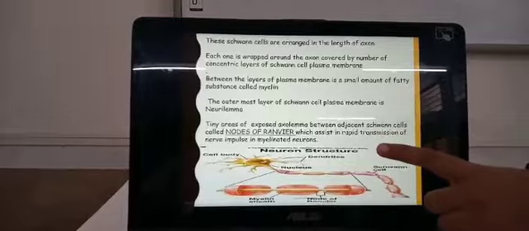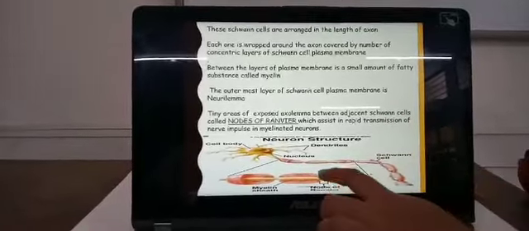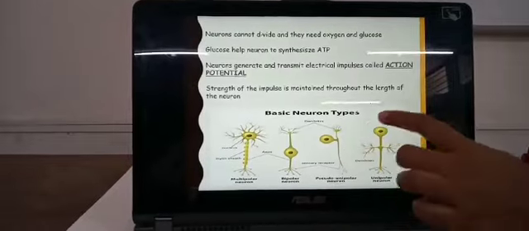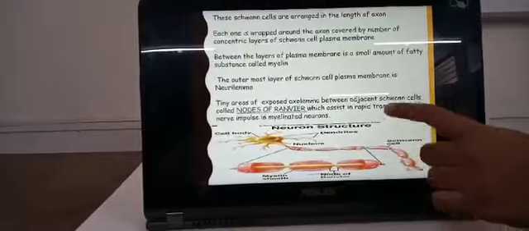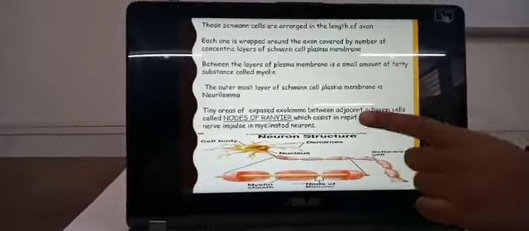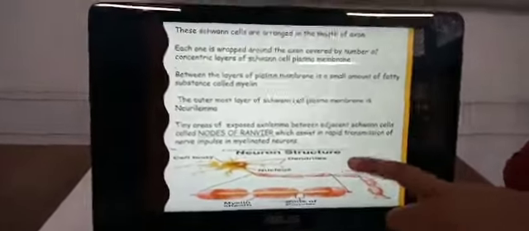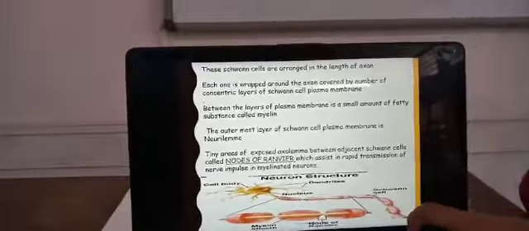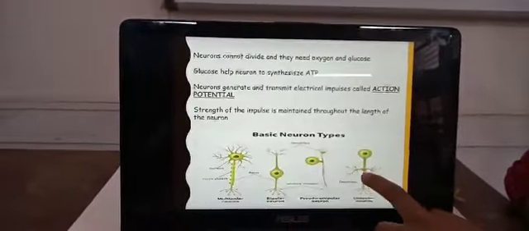Tiny areas of exposed axolemma between adjacent Schwann cells are called nodes of Ranvier. This is what we learned. And here the outermost layer is called the neurilemma. Tiny areas of exposed axolemma between adjacent Schwann cells are called nodes of Ranvier. So all this we learned.